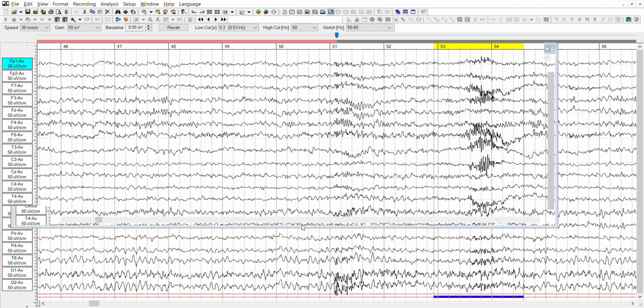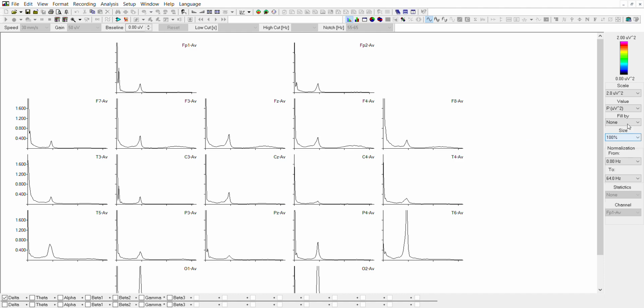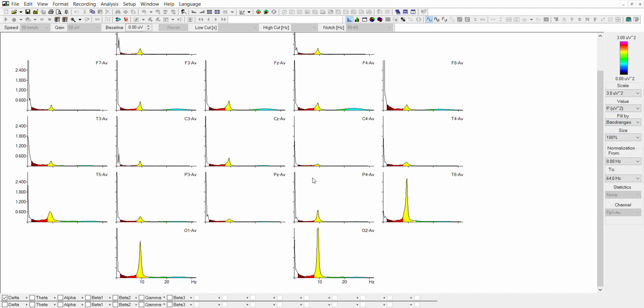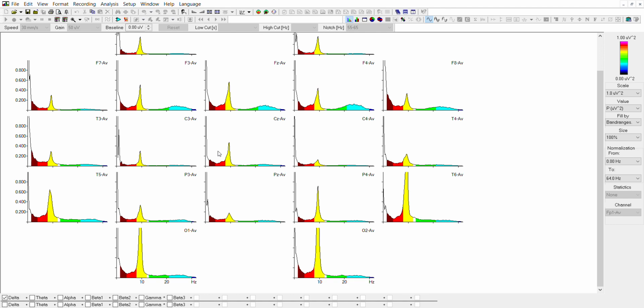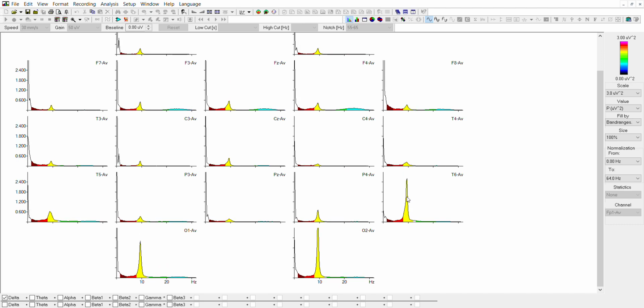kind of shows us a bird's eye view of a time frequency analysis where we can see frequency on the x-axis and amplitude on the y-axis and see what is happening the most often and at what power. And we know, studying EEG, that there should be certain amplitudes of certain frequencies at certain sites, and that there shouldn't be in others.